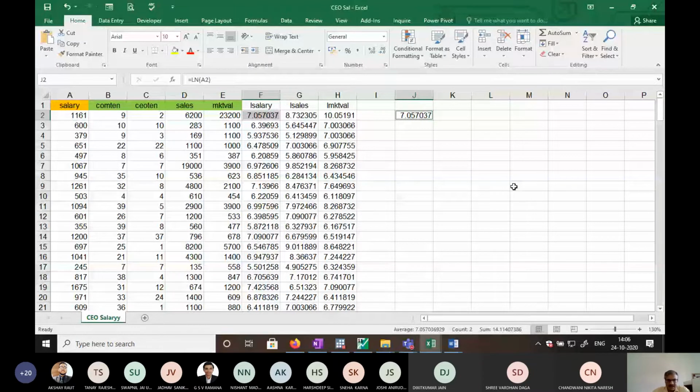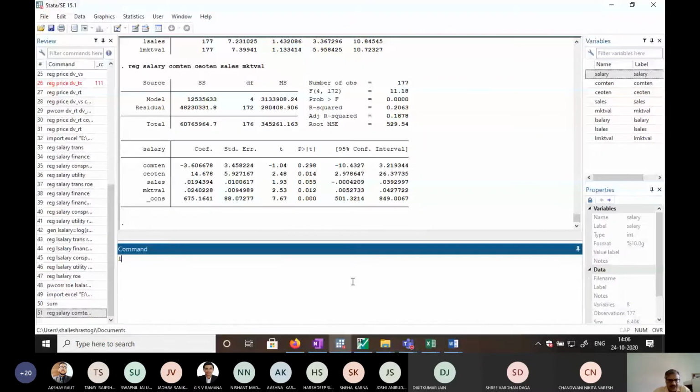Suppose here I want to do it. I have already created it, so let me put it as double L, just so that you can understand. I'm trying to generate LSAL, so I'll write gen. Gen is a command used in Stata to generate a new variable. I'm giving the new name LSAL. I'm trying to calculate the log, so log bracket, and I'll put the name of the variable which is already there, which is salary.